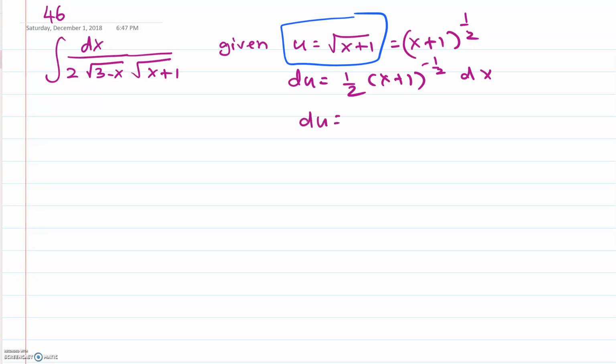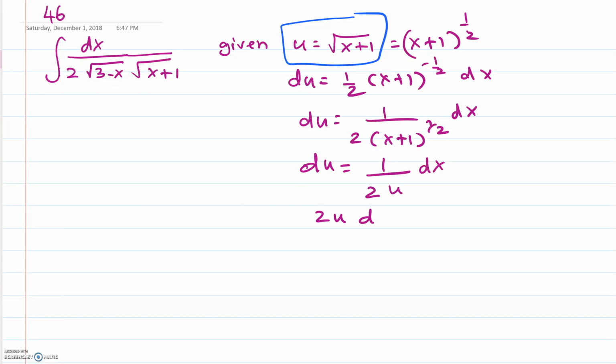So du equal to 1 over 2 times x plus 1 to the half dx. Now replace this by u. So this is going to become 1 by 2u dx du. So pushing the 2u to the other side, 2u du equal to dx.